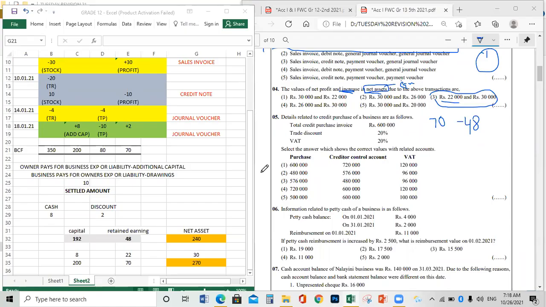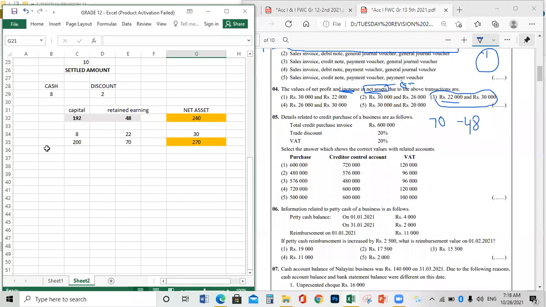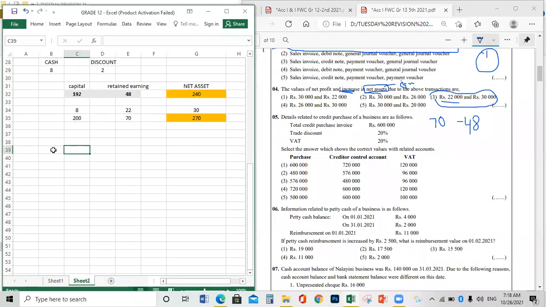You have to deduct the trade discount because trade discount is not accounted. You don't have a double entry for trade discount. Out of this 600,000, there is a trade discount of 20%.